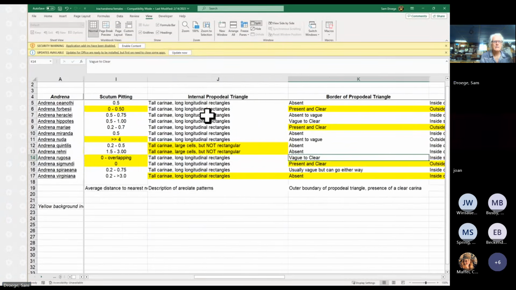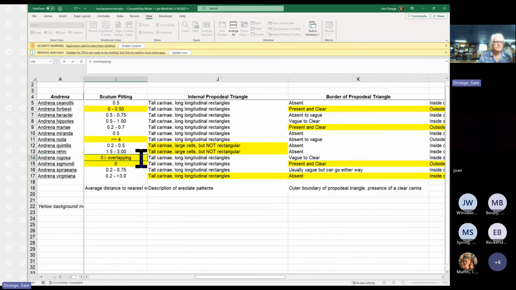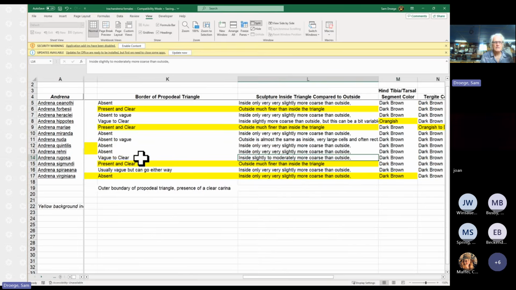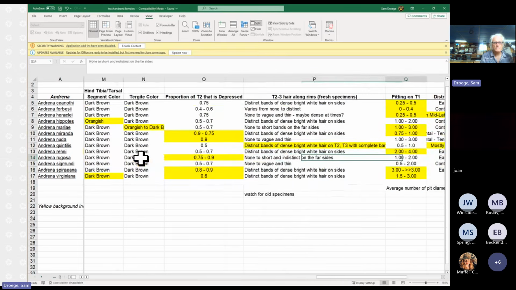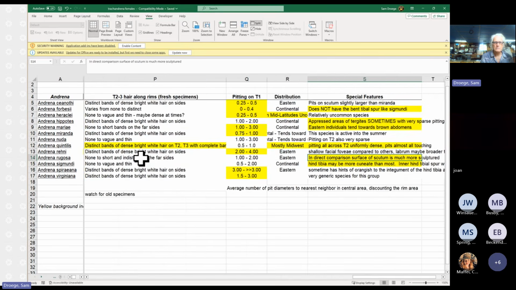So first of all, we're going to modify this to be not 0 to overload, but 0.5. Look at us changing things on the fly. We don't like the things, we just change the definition. So we'll look at the depressed area 0.75 to 9. I think everything else. It says in direct comparison, surface of sputum is much more sculptured.